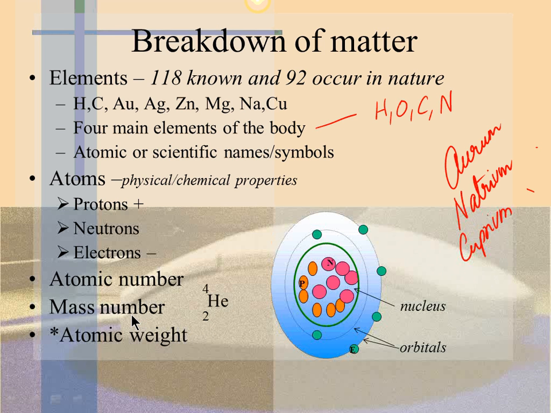Mass number is another term. Atomic number is equal to the number of protons. Mass number is equal to the number of protons plus neutrons. So again, with helium, the mass number is 4 and it's written in the upper left-hand corner. That means it has 2 protons and 2 neutrons.